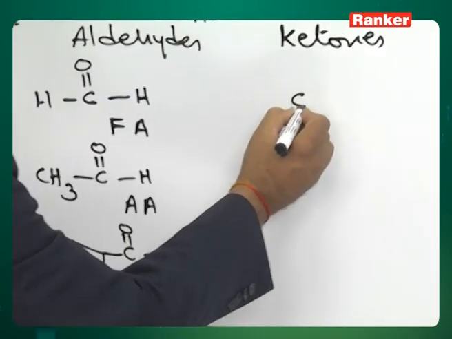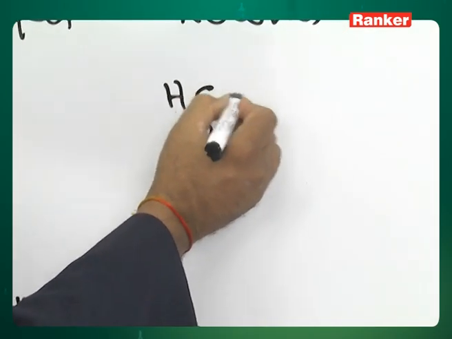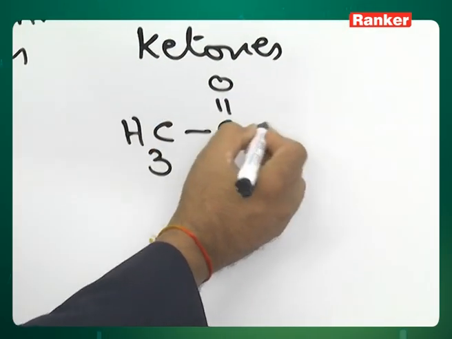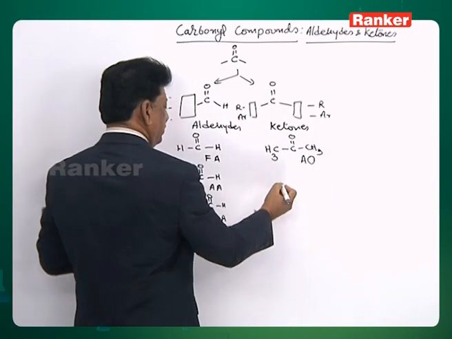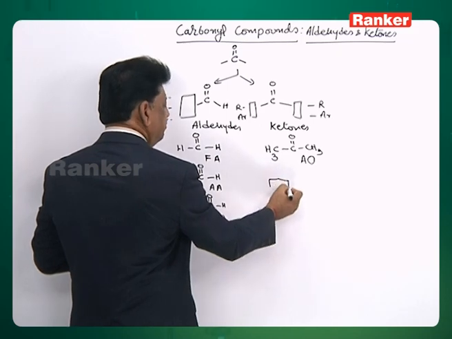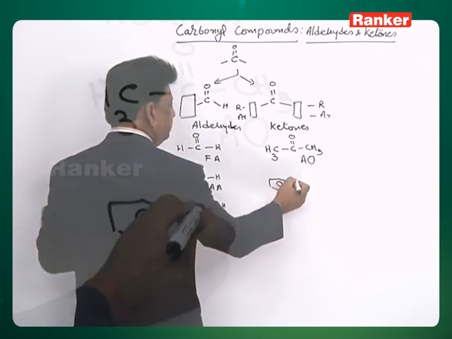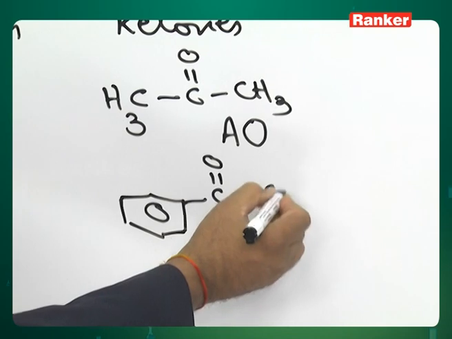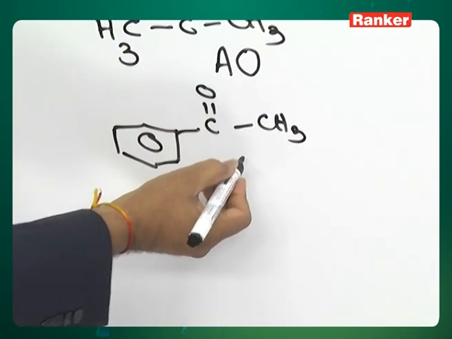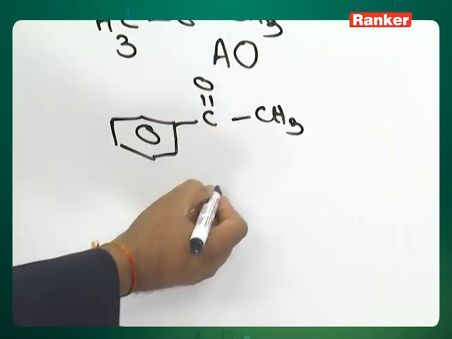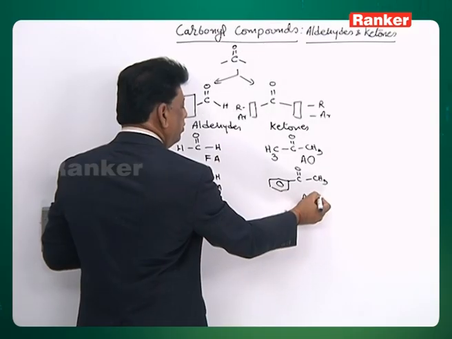Similarly, under the ketones, we have three ketones that are very popular. Both sides methyl is called acetone. It's a ketone. And one side benzene, one side methyl with this CH3CO function, once again called acet. Acet with phenyl with a ketone, therefore, acetophenone.